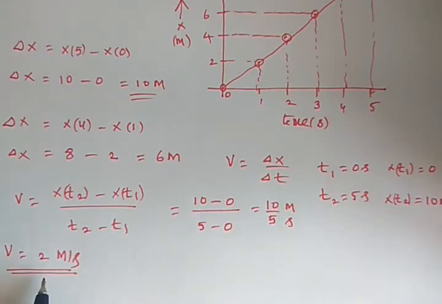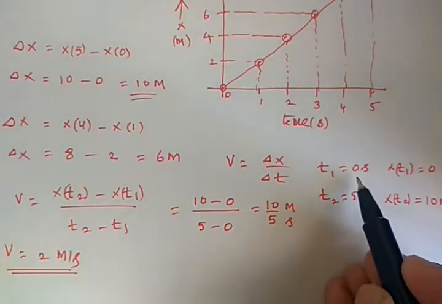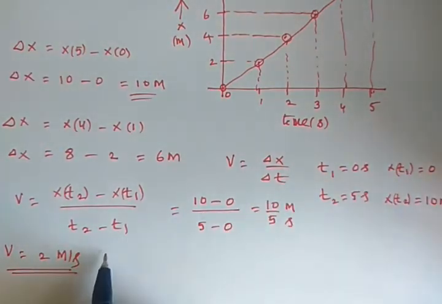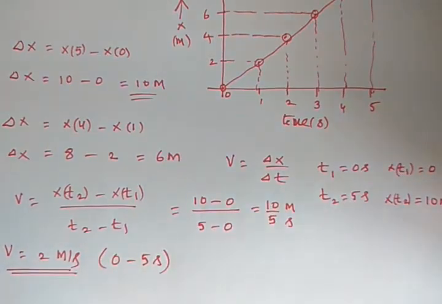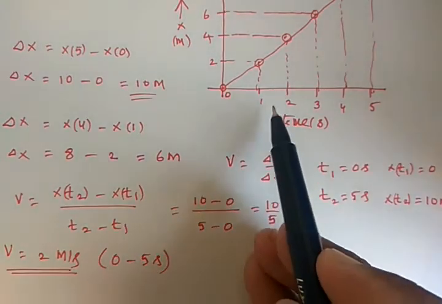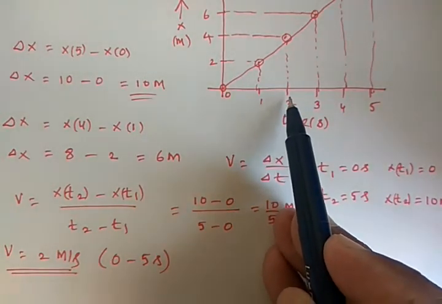So 2 meters per second is the velocity of the body between time interval 0 and 5 seconds. You can also compute the velocity of the body between, let's say, 2 and 3.